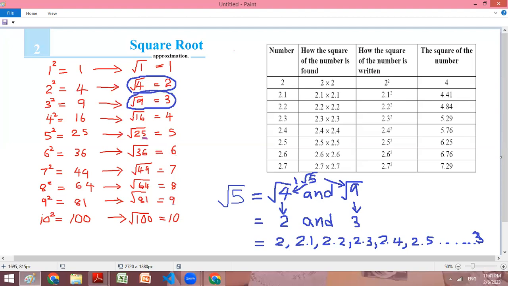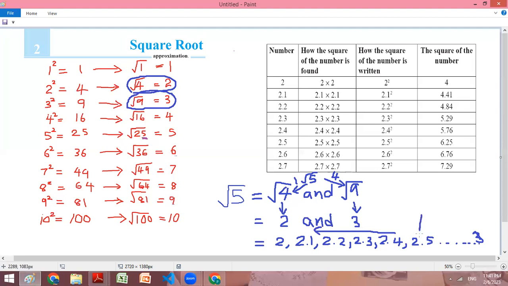But the difference between 5 and 9 is 4. Therefore, the square root of 5 is closer to the square root of 4. Therefore, the answer is closer to 2.